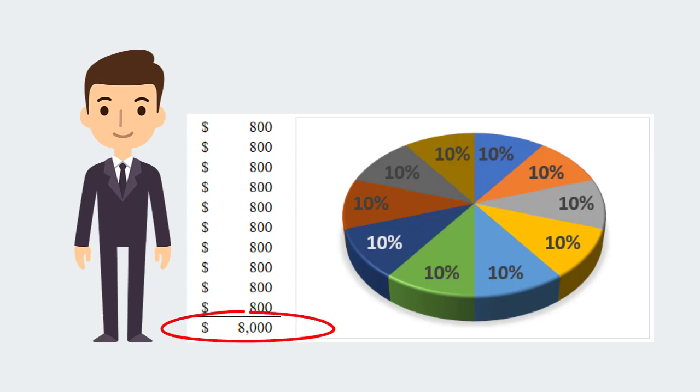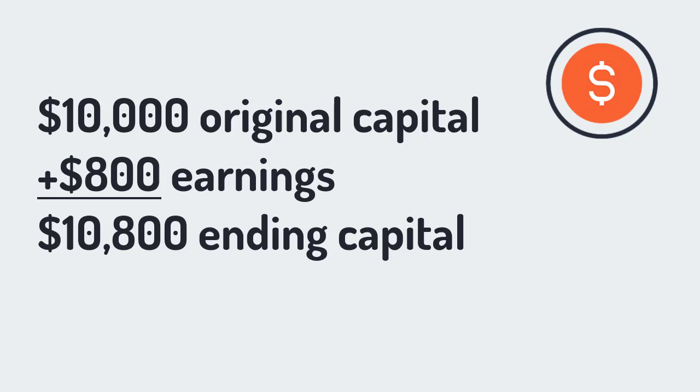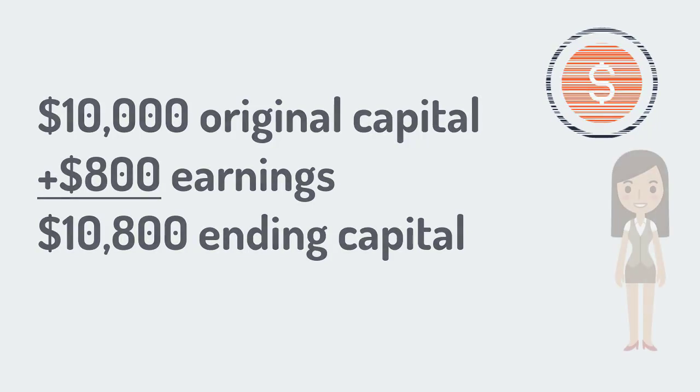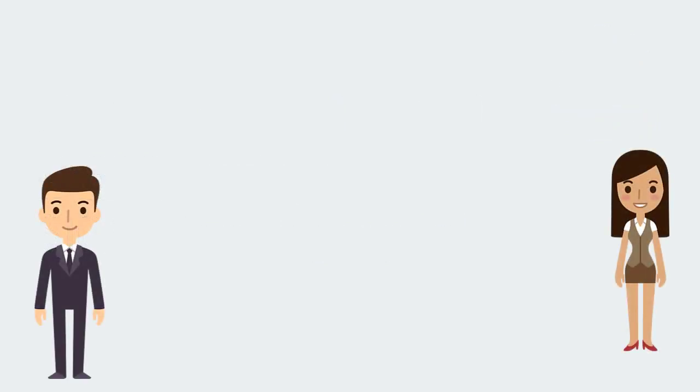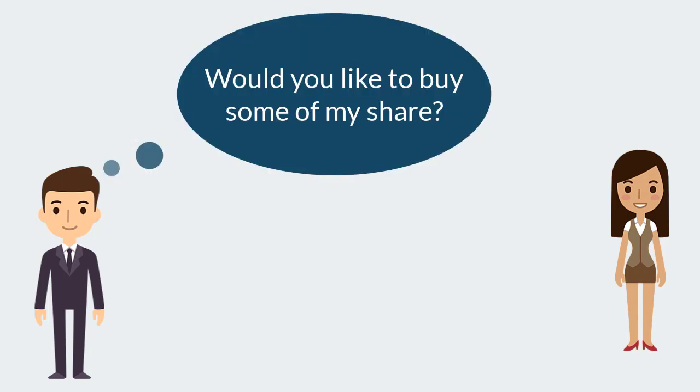Your 10% would have resulted in a $800 capital gain, all things being equal in this simplified example. And so at the end of year 1, you can retain your same $10,000 ownership of this now larger pie by selling a portion of your ownership interest.